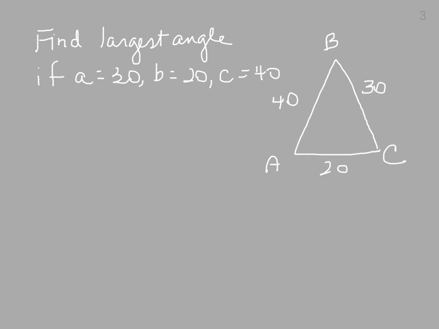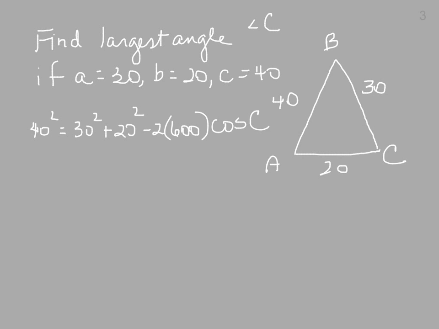So the largest angle is going to be angle C. So that means we're going to have C's on each end. So 40 squared equals 30 squared plus 20 squared minus 2 times those multiplied. So that would be 600 times cosine of C.